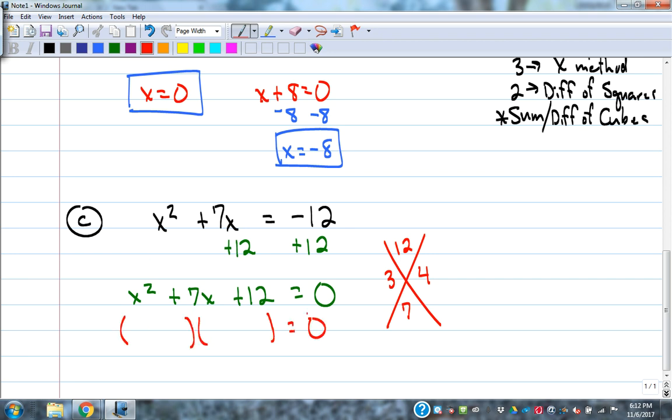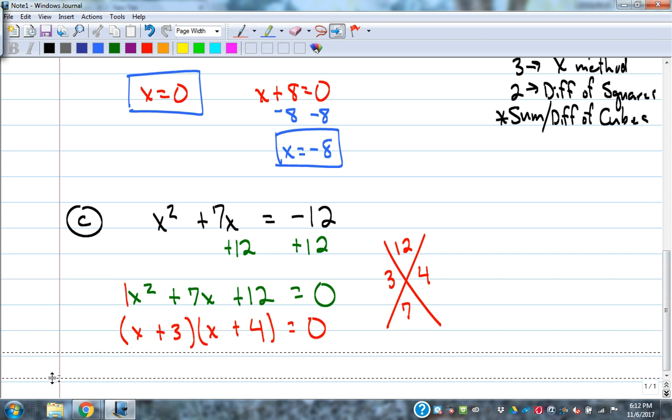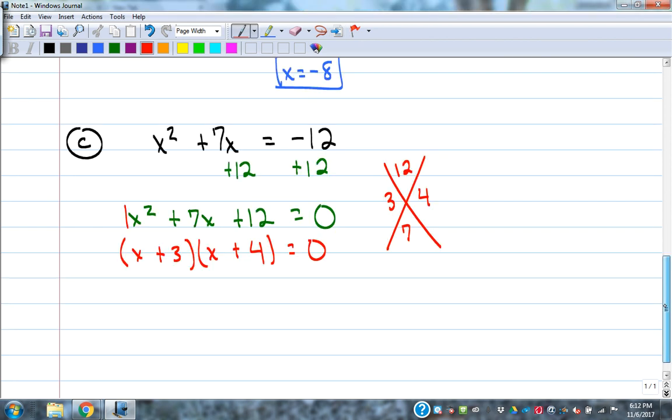Why can I take a shortcut and go to x plus 3? Yeah, because there's a 1 in front of x squared. That allows me to go straight to those factors. X plus 3 and x plus 4. Those are my factors. The last thing that I do is set those factors equal to 0 and solve.